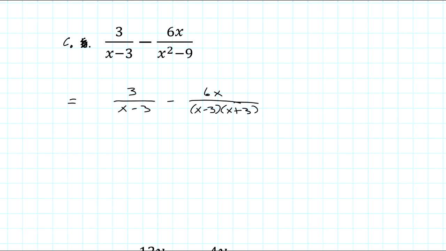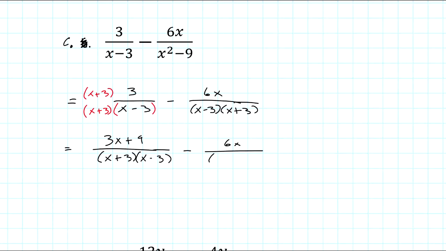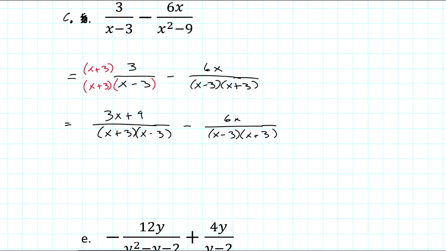So we can see that we just need an x plus 3 tacked on to that first fraction. So we do that to the top and bottom, and we will get 3x plus 9 over the x plus 3 times x minus 3, minus the 6x over that same denominator, x minus 3 times x plus 3. That order, again, not mattering in the slightest for us.